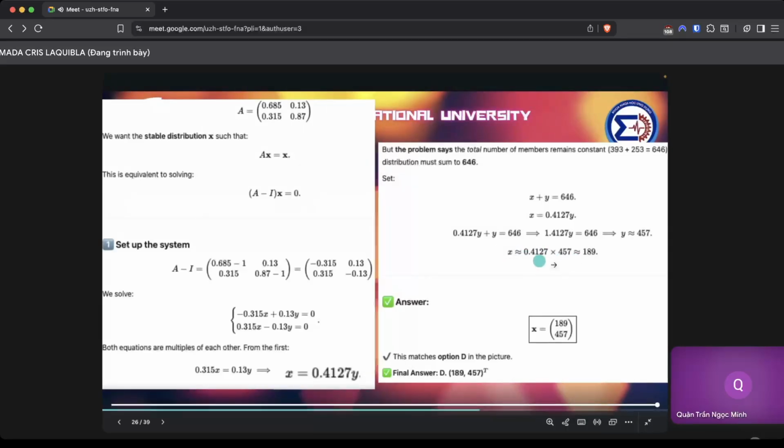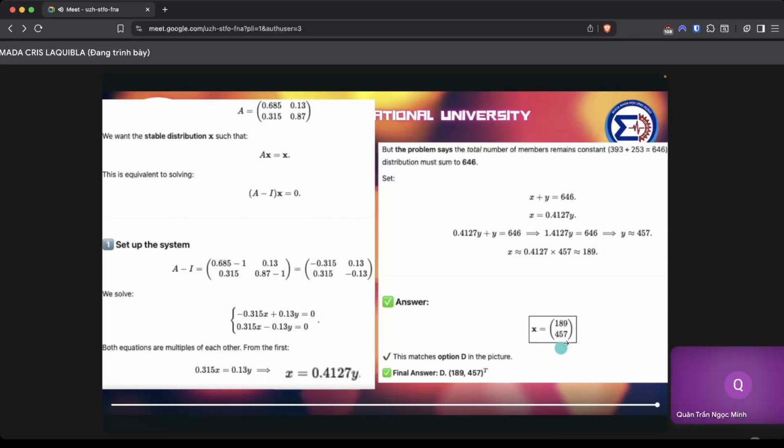You approximate that also: 0.4127 times the y, and your y value is 457. So that is 189. And that's it. When you add these two numbers, class, the total is also 646. We have your x is 189 and your y is 457.